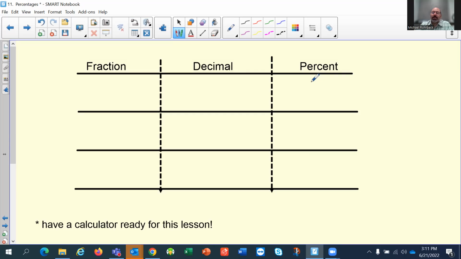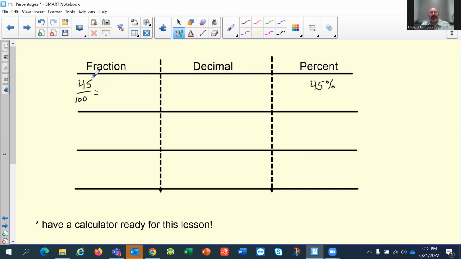Let's find out. So let's start with 45%. Well, 45% means 45 over 100, correct? Because the word percent, remember, means over 100. So percent over 100. So we already have our fraction. We just have to put 45 over 100. Yeah, but then you've got to reduce. Okay.